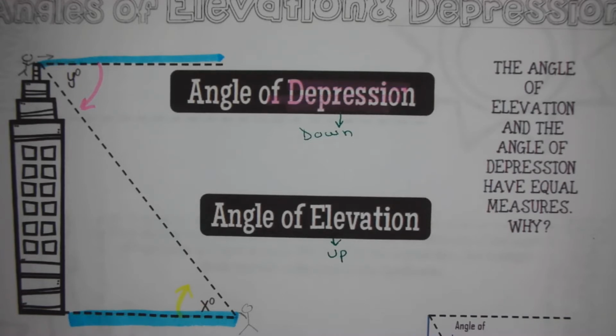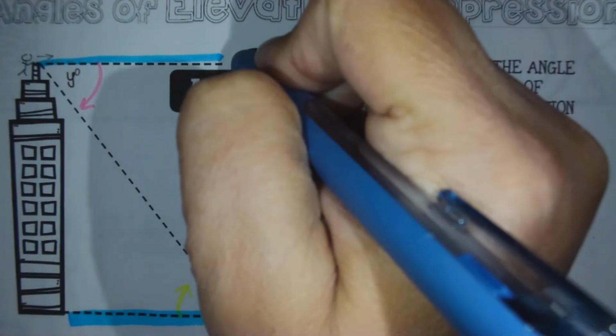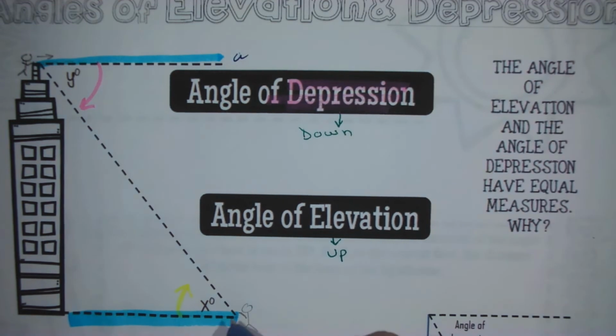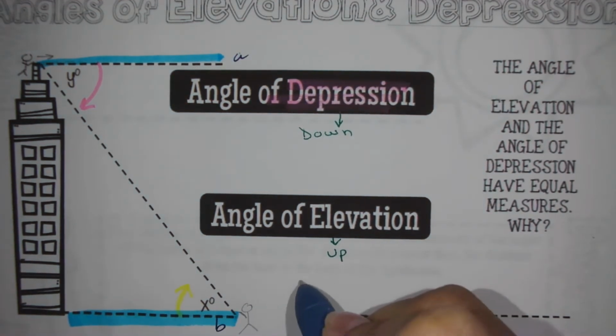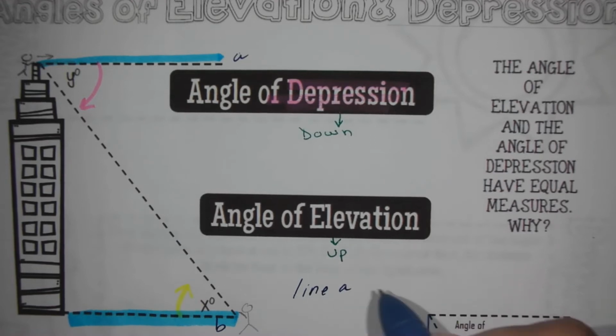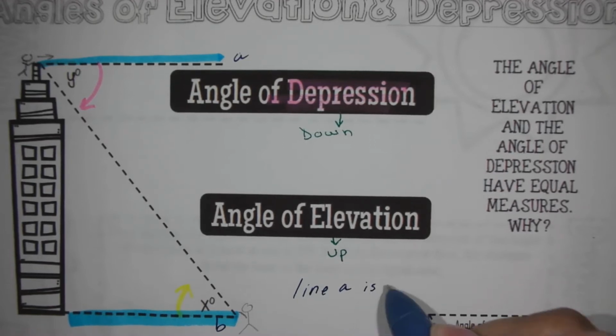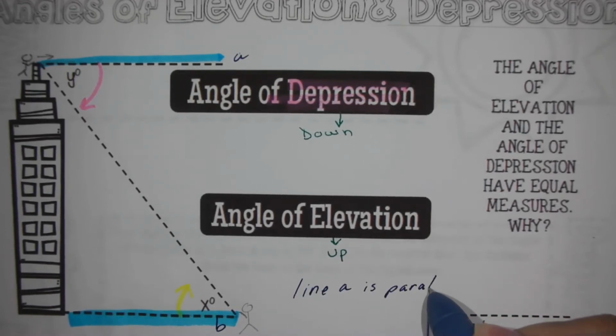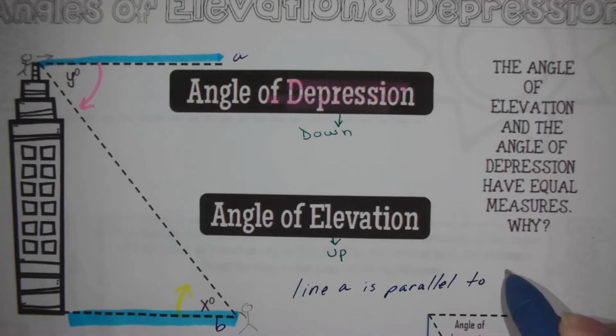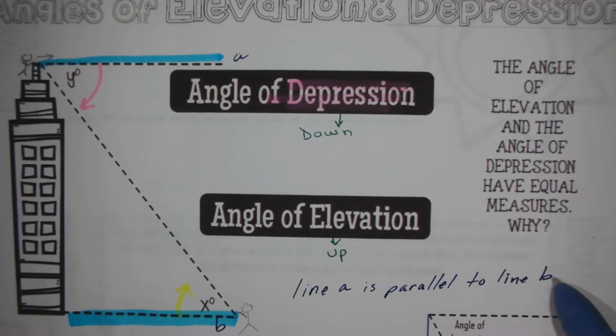Let's go ahead and make that a note. We're going to call this letter A, and this one down here is letter B. So line A is parallel to line B. So you have two parallel lines.